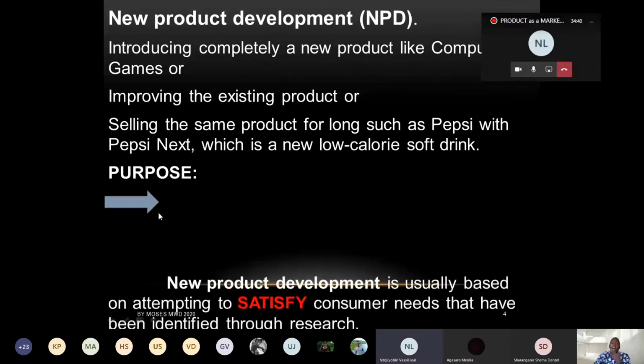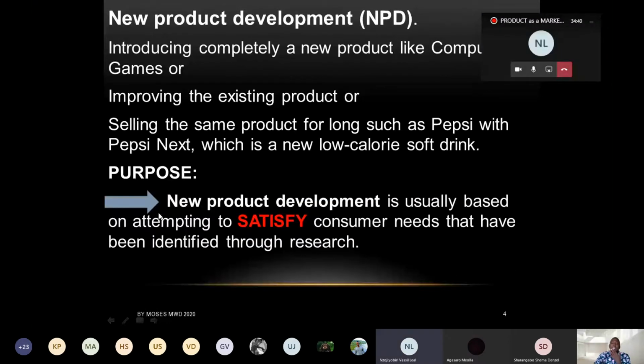So, purpose. I have. Teacher. Yes. Or maybe people can ask themselves questions such as, why do consumers pay more for well-known brands of aspirin than a generic, non-branded, cheaper alternative?